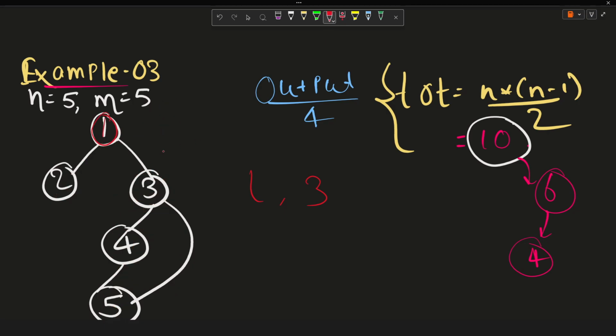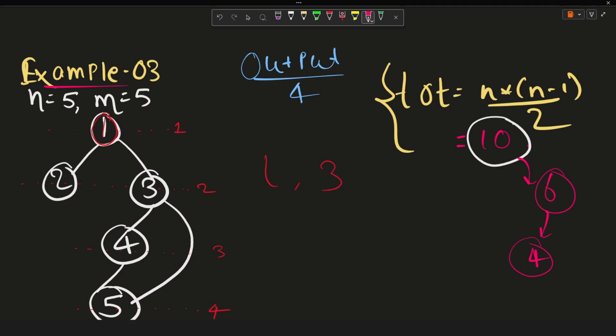If I try to mark their levels, this is present at the top because this is the root vertex, so let me say its level is 1. Similarly, these children of 1 have level 2. The child of 3 has level 3, and similarly 5 has level 4.